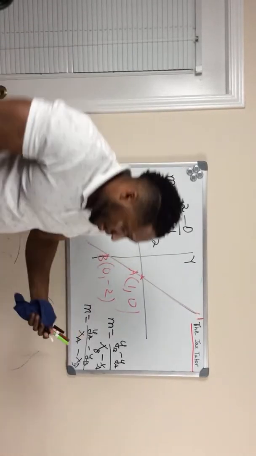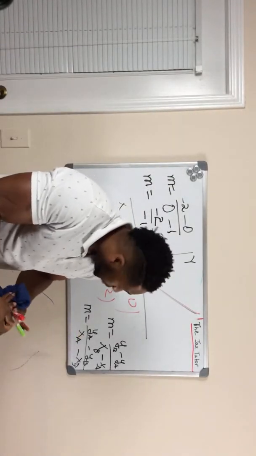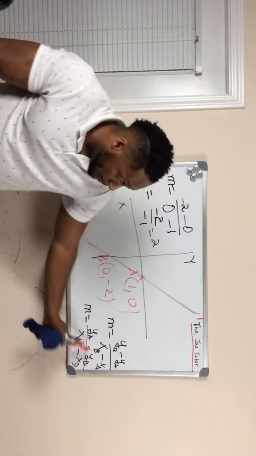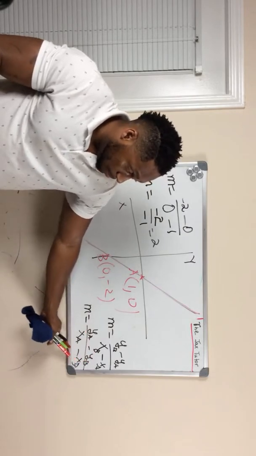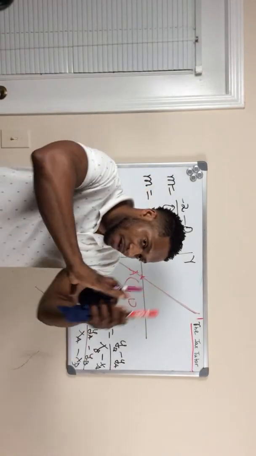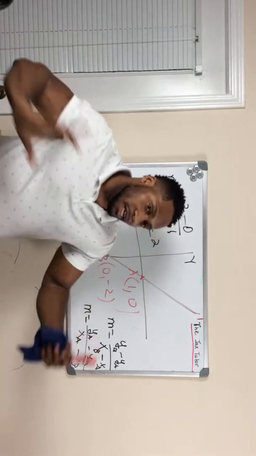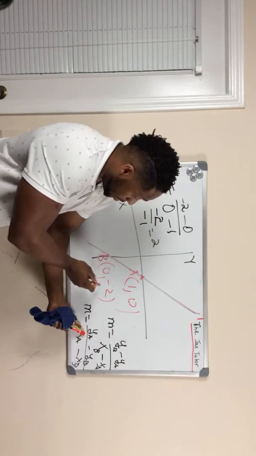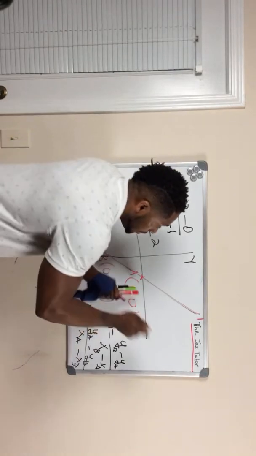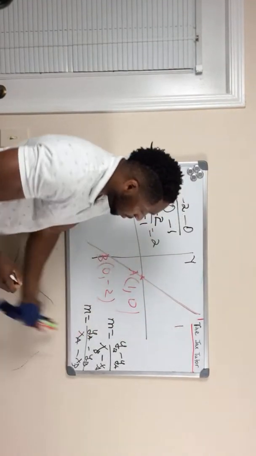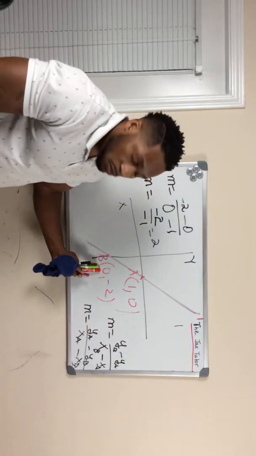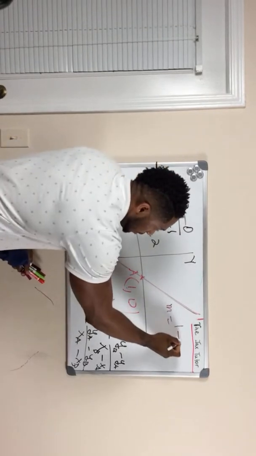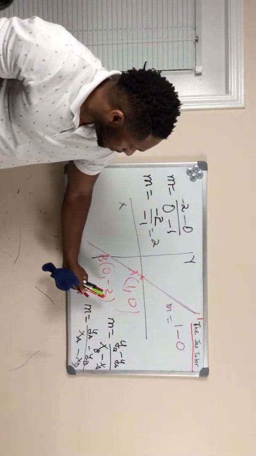It's the same thing if I were to do yA minus yB divided by xA minus xB. So it's the difference in y values divided by the difference in x values.